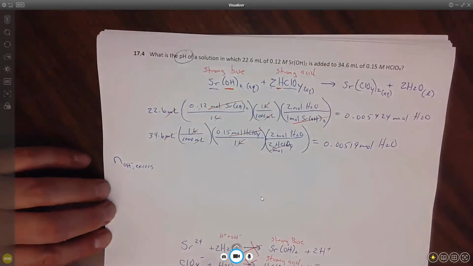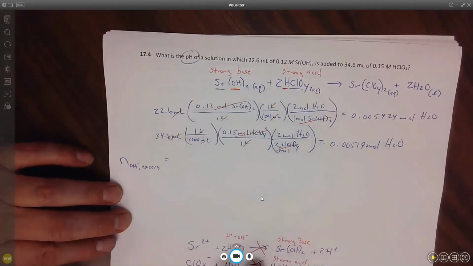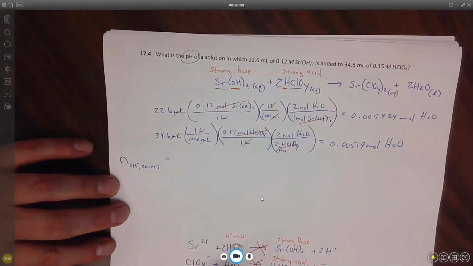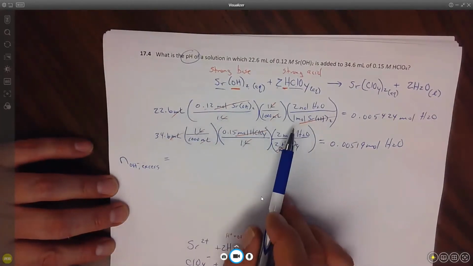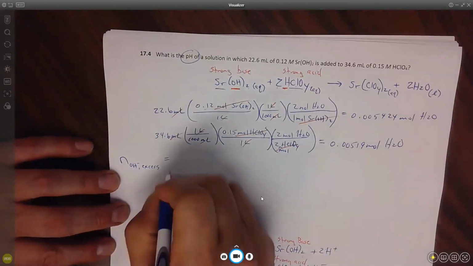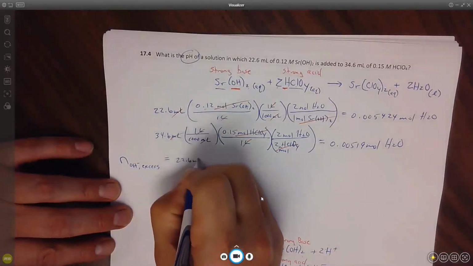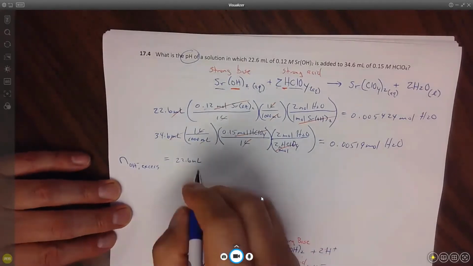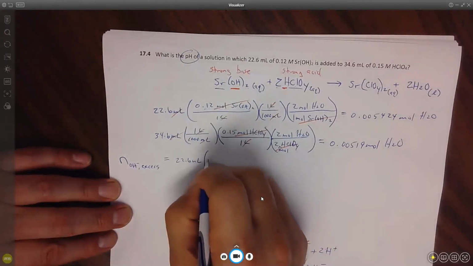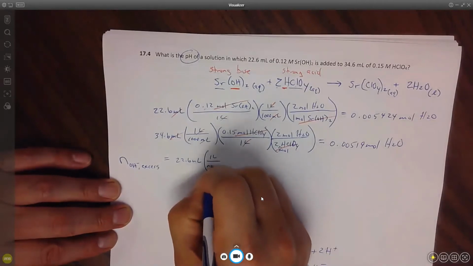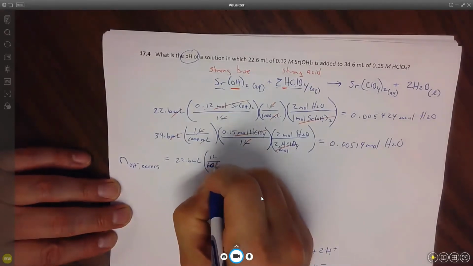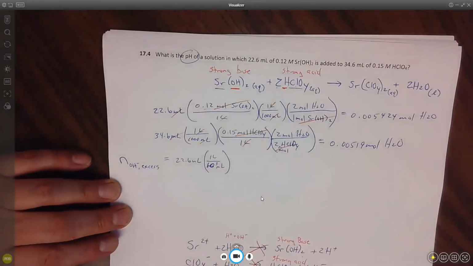Well, to figure the excess, I need to know how much hydroxide I had to start. That's what I'm going to get from this. So I can see that there was 22.6 milliliters of my strontium hydroxide solution, and again, I'm going to convert that to liters. So this is 1,000 milliliters, so that cancels.